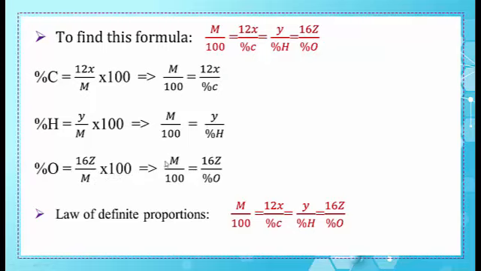Then the molar mass of the compound over 100 is equal to 16z over the percentage by mass of oxygen. Then we get the law of definite proportions, which is molar mass of the compound over 100 is equal to 12x over percentage of carbon, y over percentage of hydrogen, and 16z over percentage of oxygen.